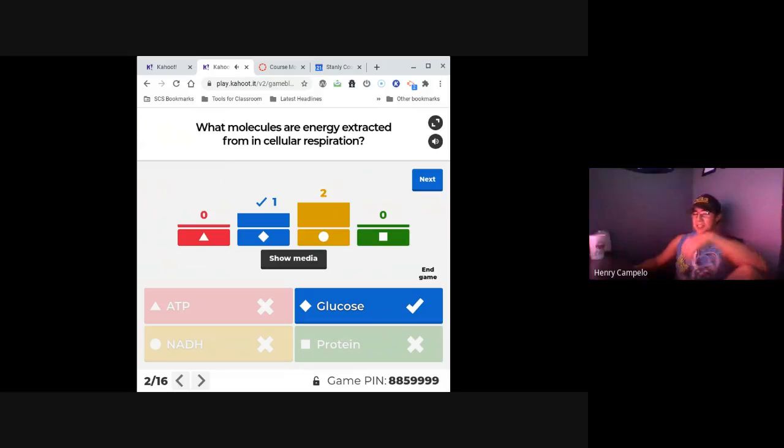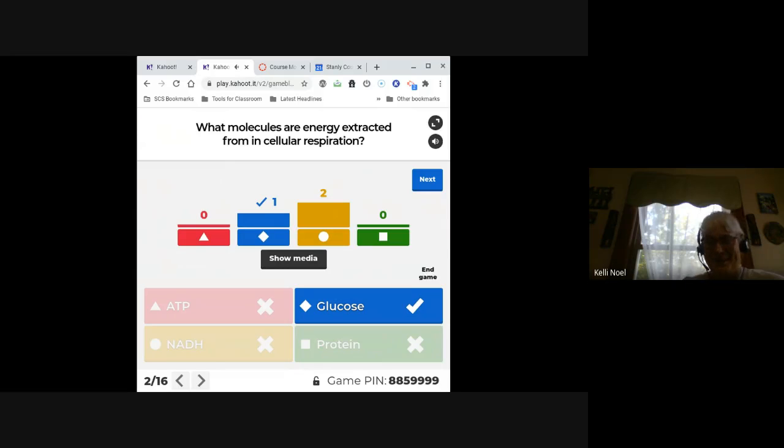It makes ATP as well, but it's got to get the energy for the ATP from something, and that's going to be the glucose. NADH is an energy-carrying molecule, so you guys remembered that from what we've done in class. They're going to carry the electrons to the electron transport chain, which will make a lot of the ATP. But the key word was extracted. Another word is like breaks down.